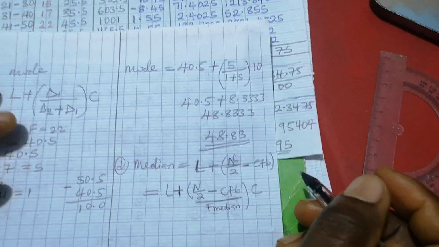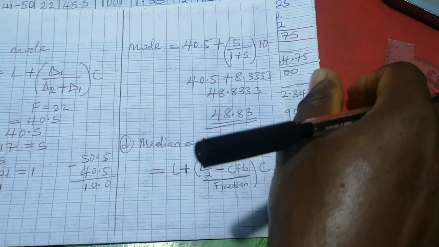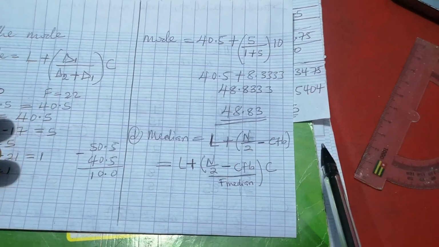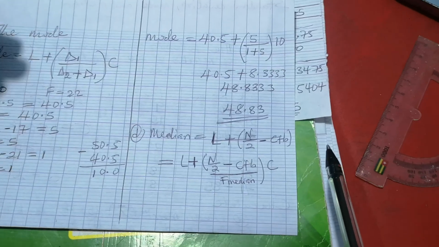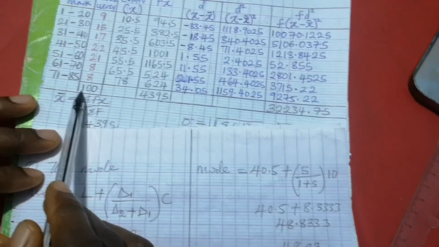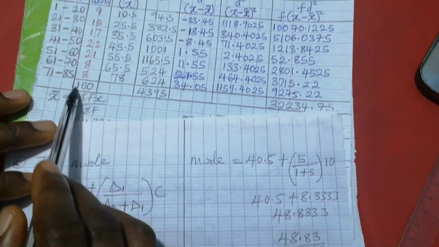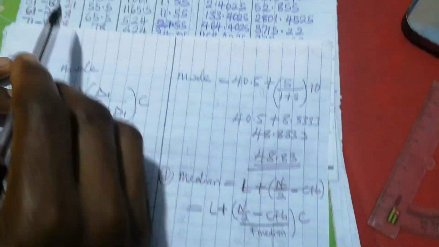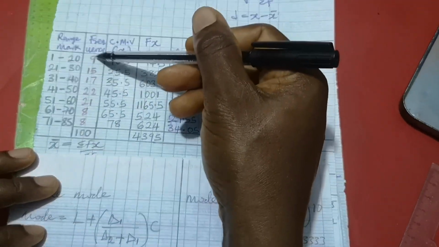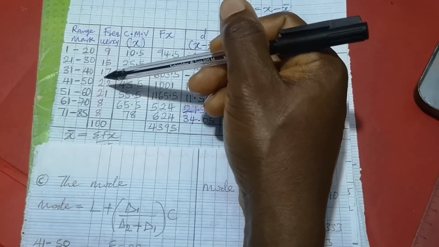So we need to find the median class. And how do we find the median class? The median class is the class that is found at the middle. First of all, since our total frequency is 100, we'll divide 100 by 2, which gives 50. Now we'll begin to add the frequencies until we get 50 or a little bit above 50.